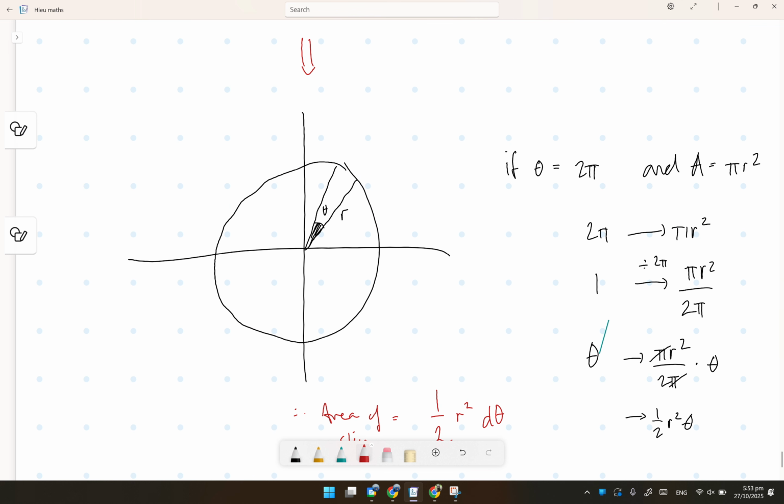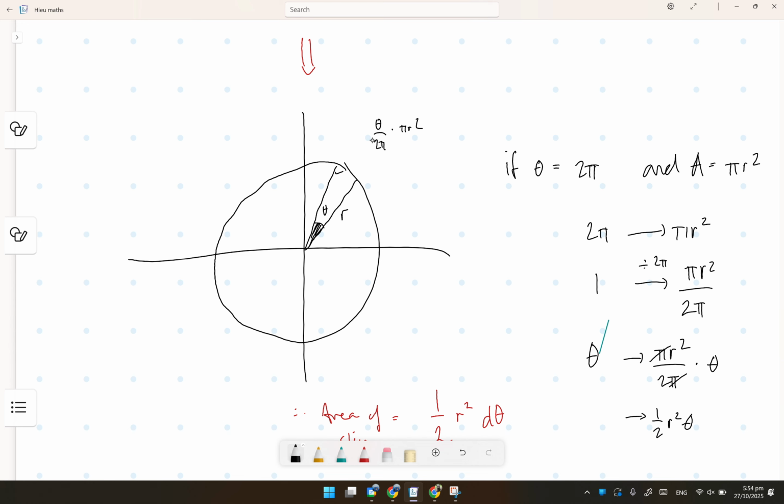For example, with a circle, you have an angle theta and radius r, and if I asked you to find this area here, this would simply be this slice. The area of this slice is theta over 2 pi times pi r squared.